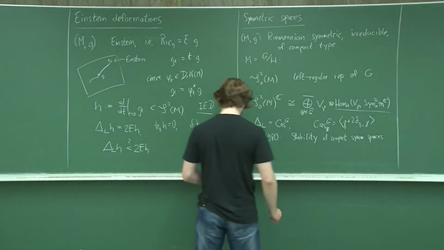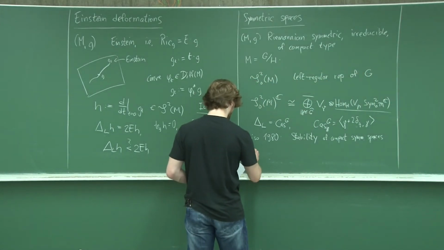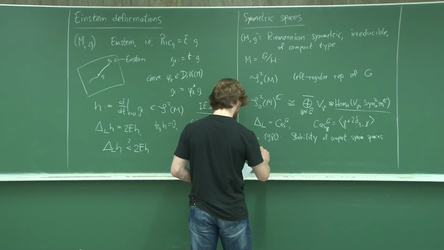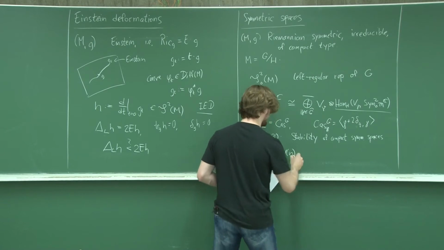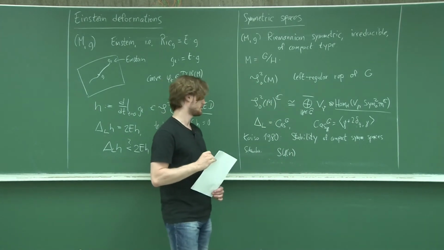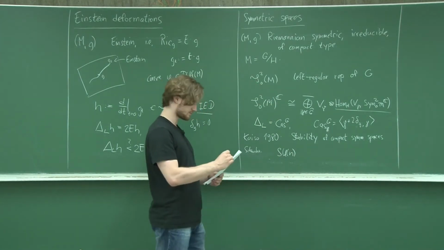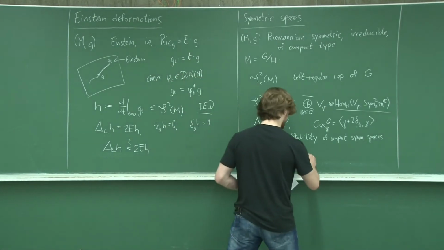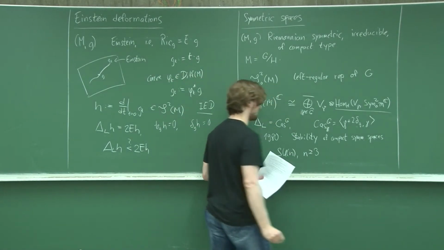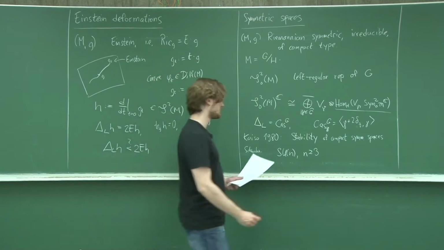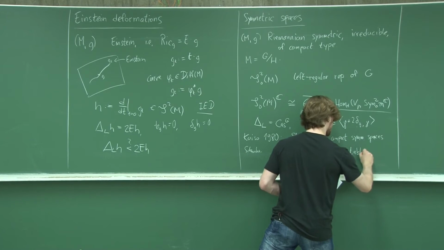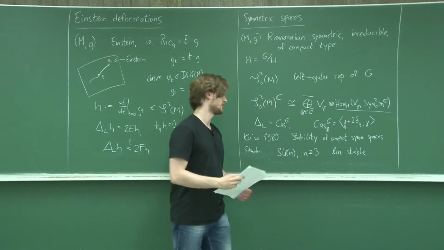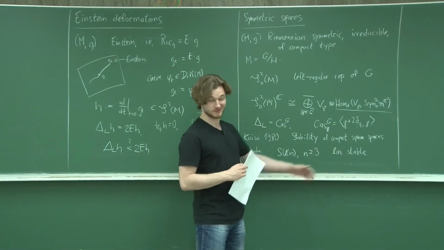What I did was I proved that the symmetric space, well, Lie group, in fact, SU(n), is, at least for n greater or equal to 3, linearly stable. For the definition of these stability terms, I also refer to my poster.